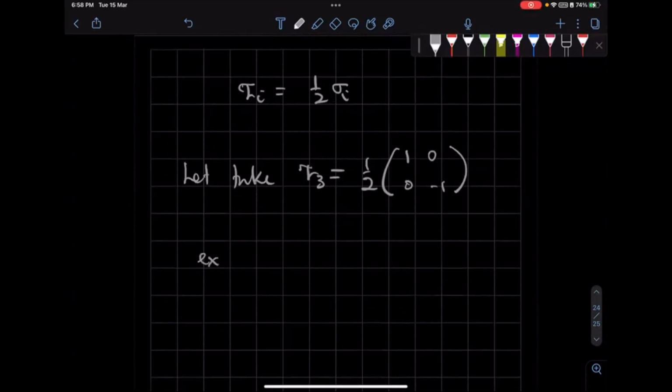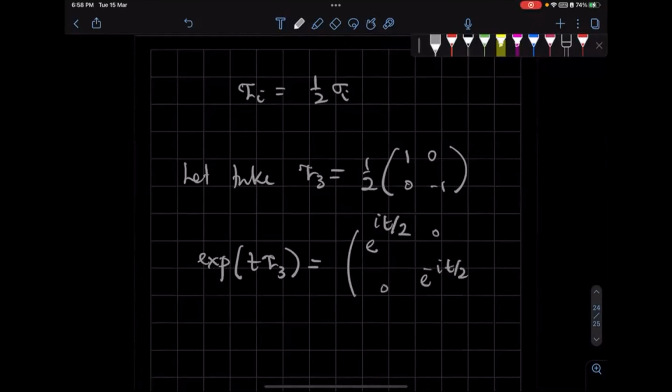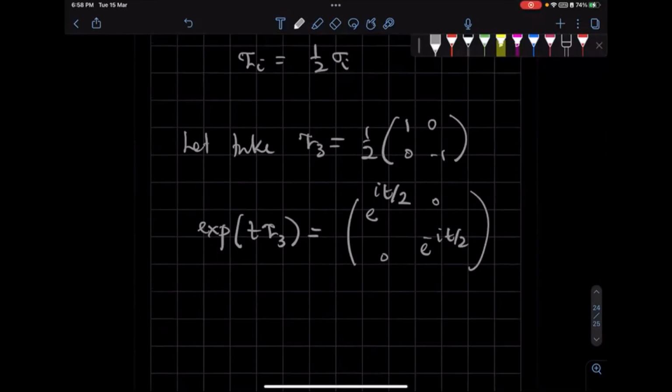Then the exponential of some parameter t times tau 3 is going to be diag(e to the power it/2, e to the power -it/2). And you can show it's isomorphic to U1.